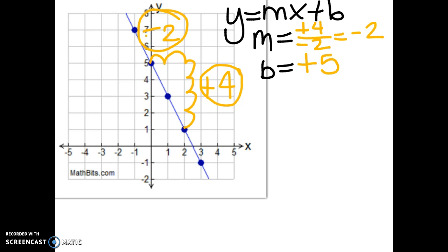We are ready to write our equation. y equals negative 2x plus 5. That is our equation for this line.